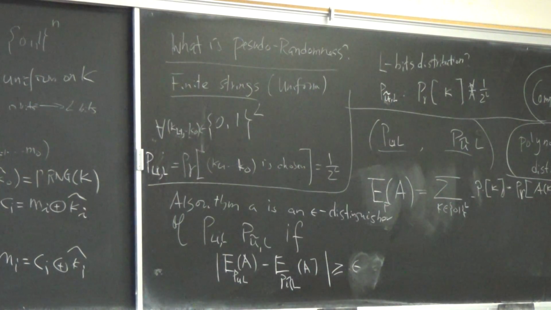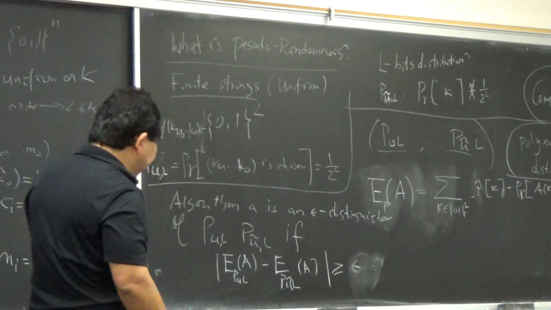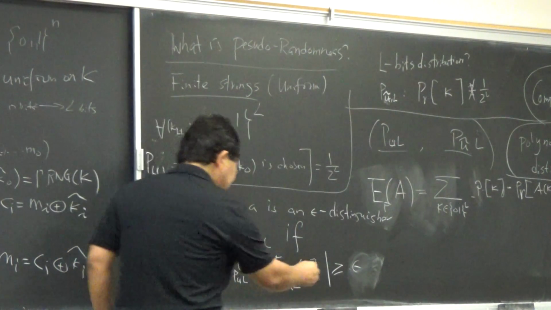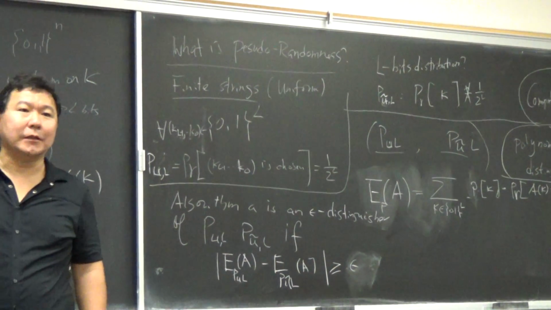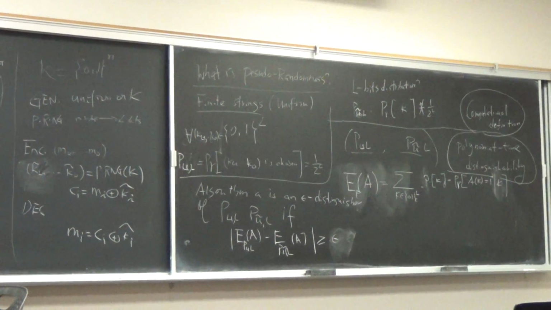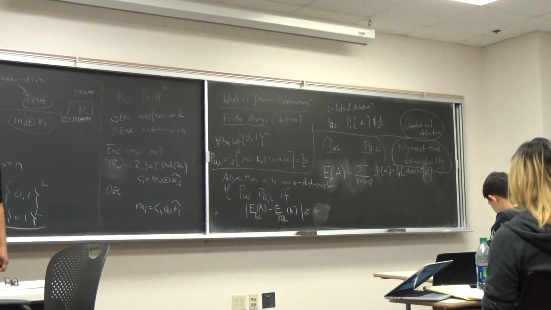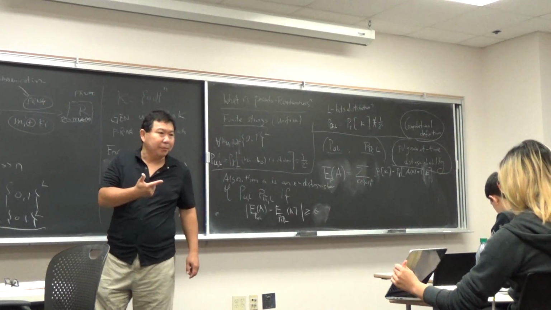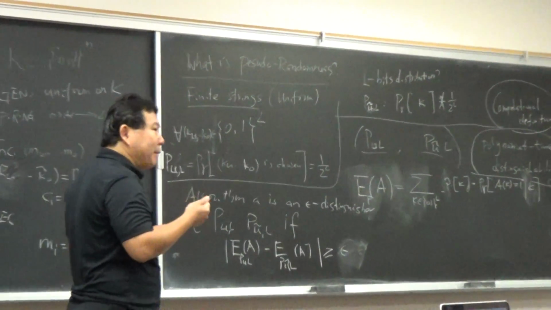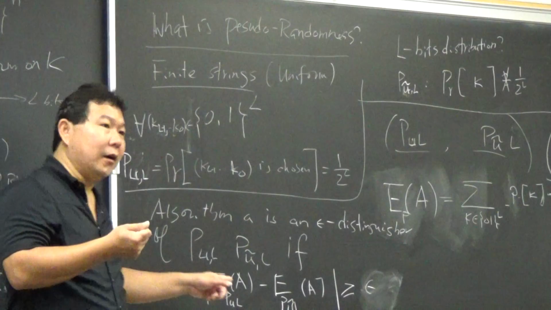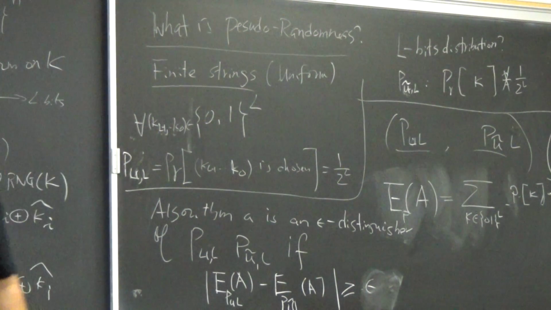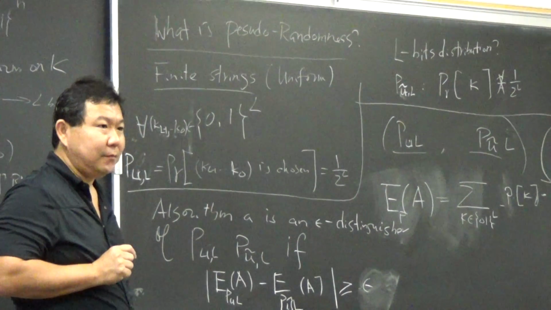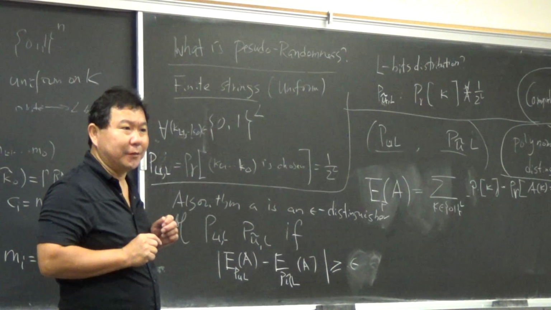So if I'm able to design an algorithm whose expected performance against the first distribution and the second distribution differs by more than epsilon, I will call this algorithm an epsilon distinguisher. If I run it on the first uniform seed, look at the behavior, and subtract my behavior on the other pseudo-random seeds, and I can open a gap of epsilon, I call it an epsilon distinguisher. This is with respect to a particular algorithm.